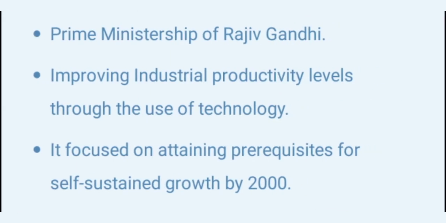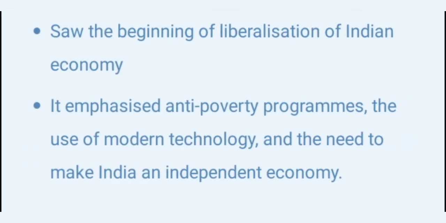Prime Ministership of Rajiv Gandhi, improving industrial productivity level through the use of technology. It focused on attaining the prerequisite of self-sustained growth by 2000. Saw the beginning of liberalization of Indian economy.